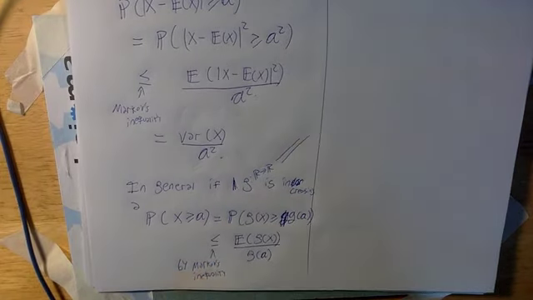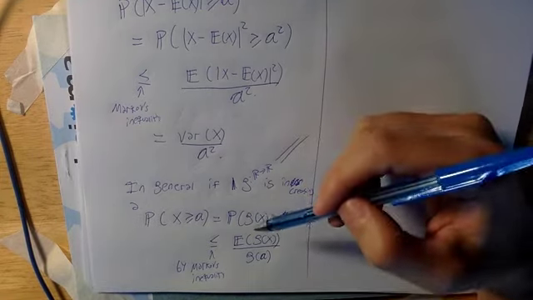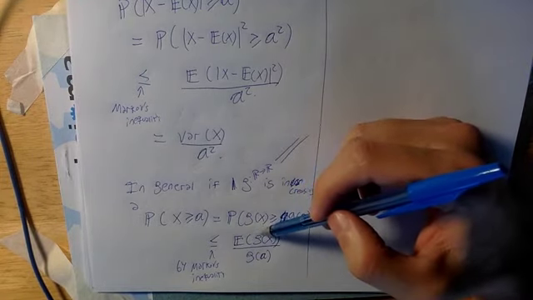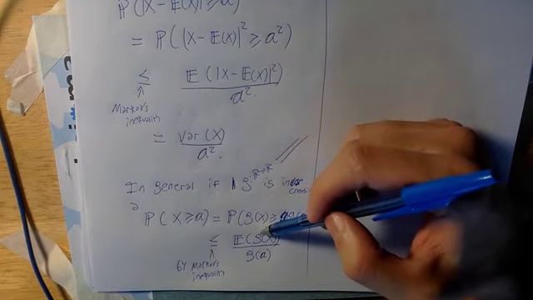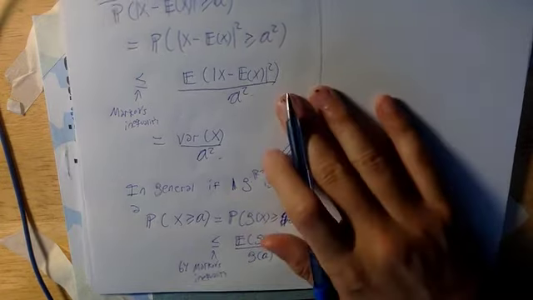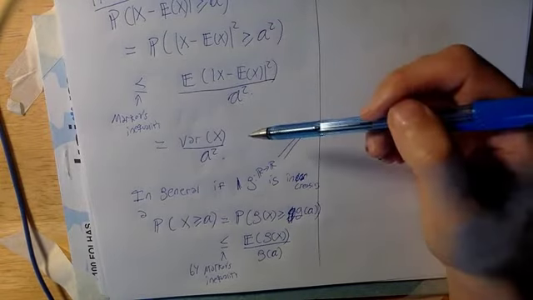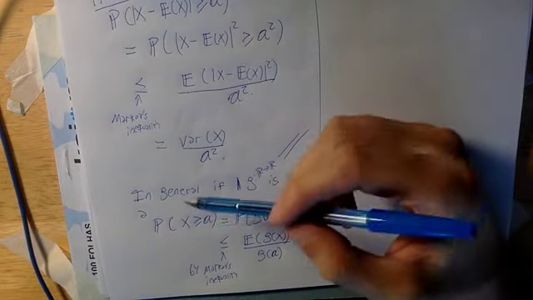So the idea in general for Chebyshev or anything like it: if you have that the expectation is finite for a function g of X, where g could be X squared as we've done before, X to the cube, X to the 5, or whatever.